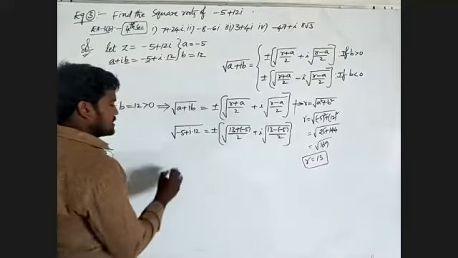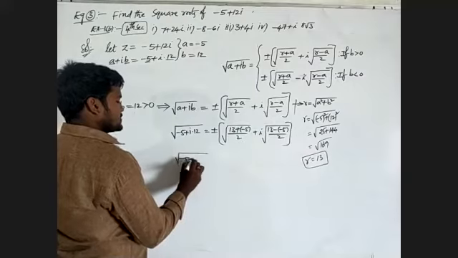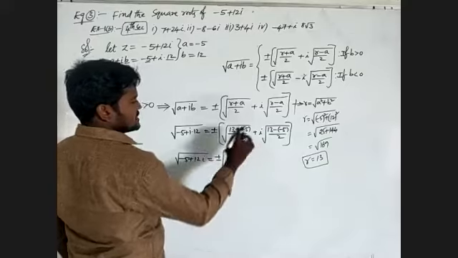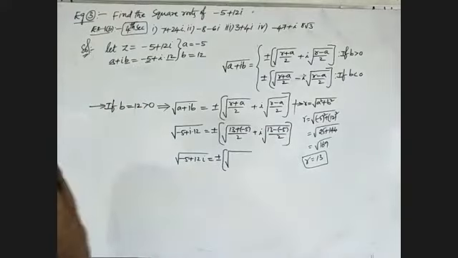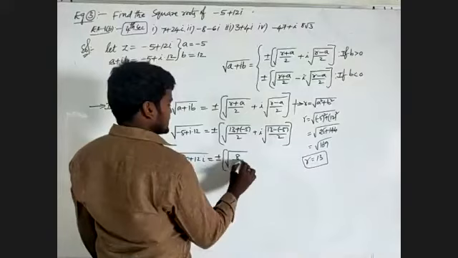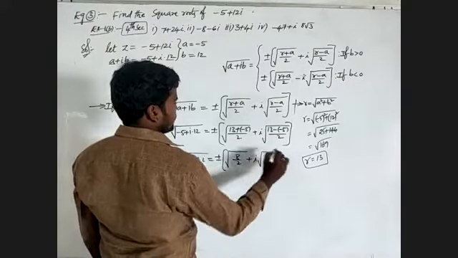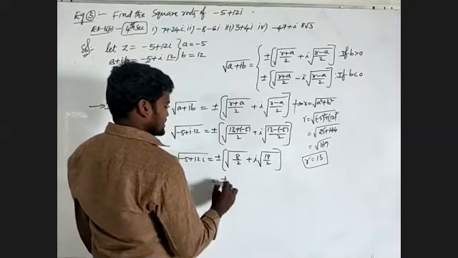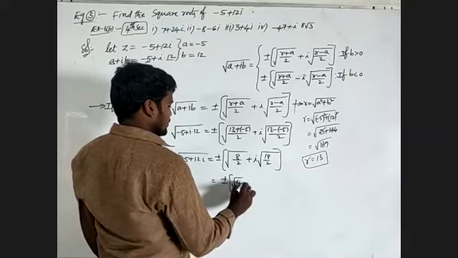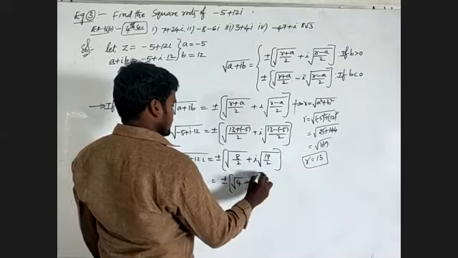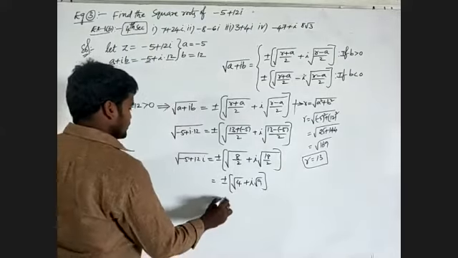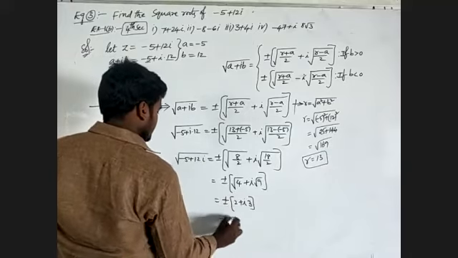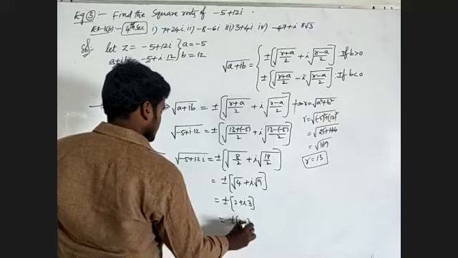That means root of minus 5 plus 12i must be written as plus or minus root of 13 minus 5 is 8, that is 8 by 2, plus i into root of 18 by 2. 8 by 2 is 4, root 4 plus i into root 9. Root 4 is 2, and i into root 9 is 3. That must be written as plus or minus 2 plus 3i.